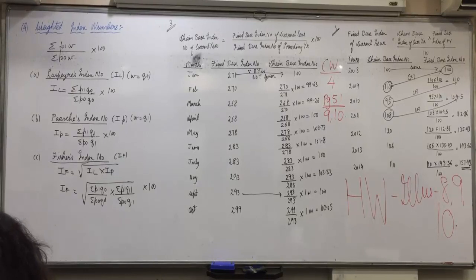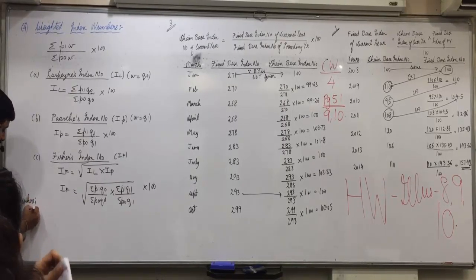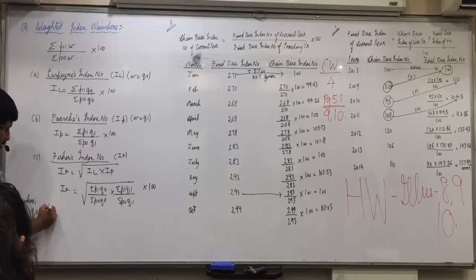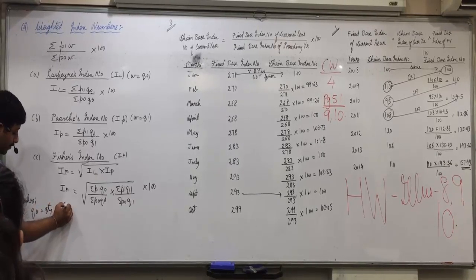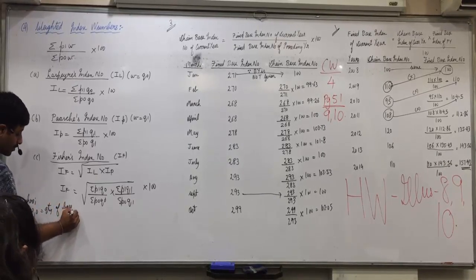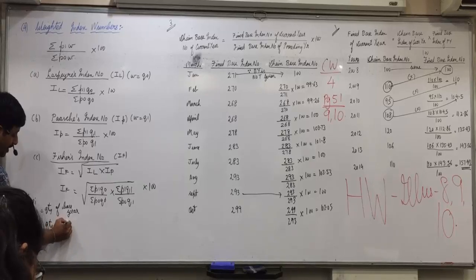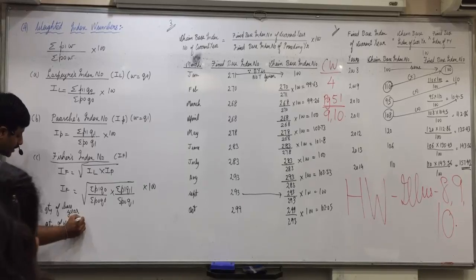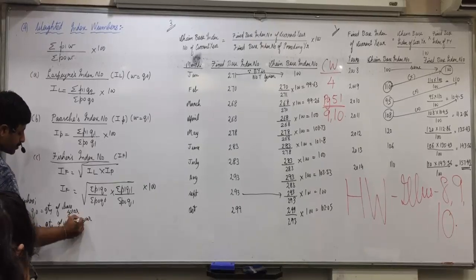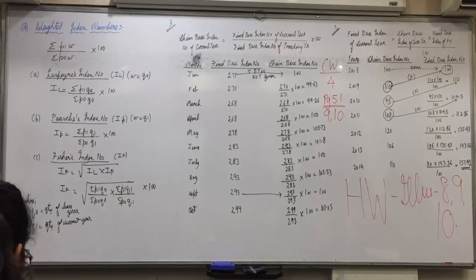Write it down completely. And 2 new things will be mentioned where Q0 is the quantity of the base year, Q1 is the quantity of the current year, and P1 and P0 we have already mentioned earlier, in the fixed base method.